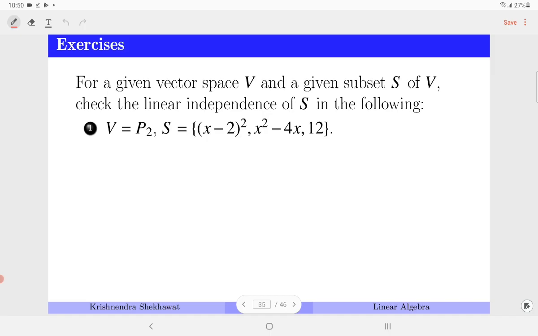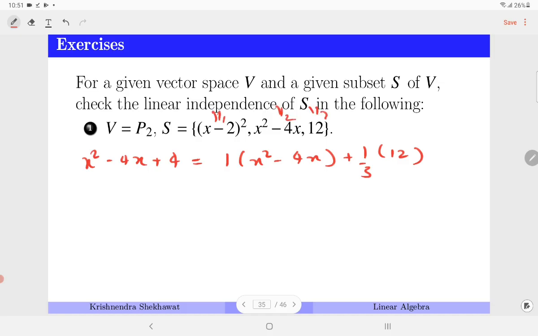Think over it. The answer is it's LD, because the first vector is x square minus 4x plus 4, and I can write it as 1 times (x square minus 4x plus 12)/3. So I wrote x square minus 4x plus 4, which is v1, as a linear combination of v2 and v3, and therefore I can say that it is LD.